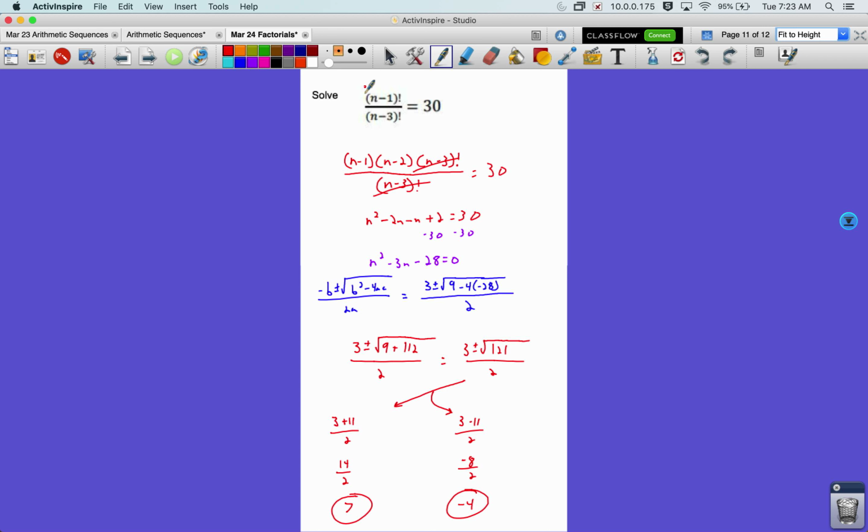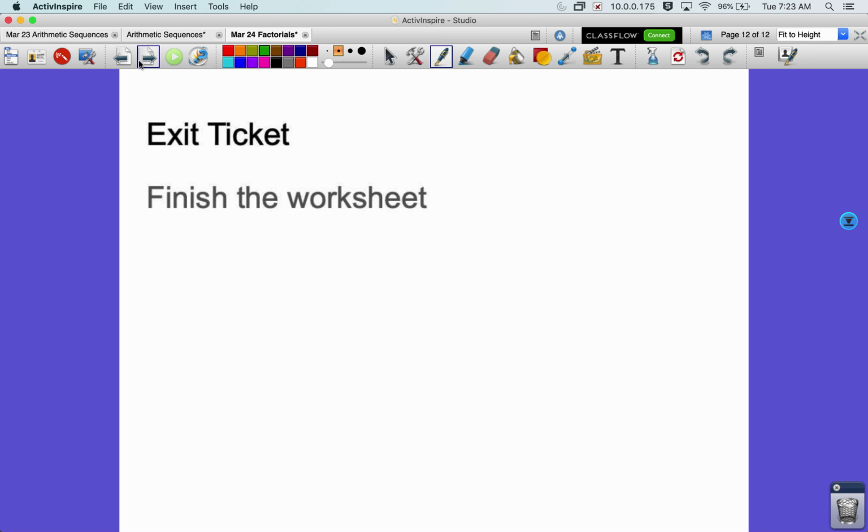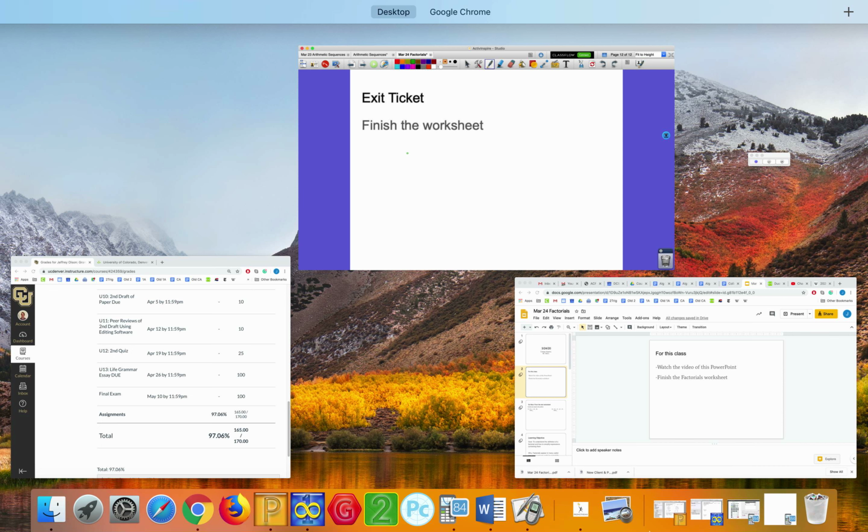If I try to plug in a negative 4 right here, I'd be taking the factorial of negative 5. So this answer here we could cross out as extraneous, and 7 is our only answer. So final answer, n equals 7. And you can double check that if you want. Plug in the 7, make sure it works. Not a bad idea. All right, time to work on that worksheet. Have a good rest of your day.